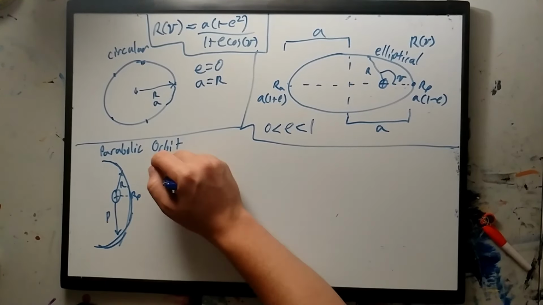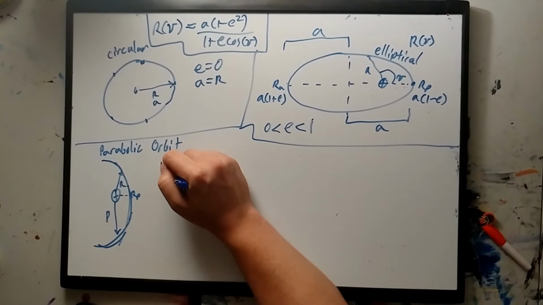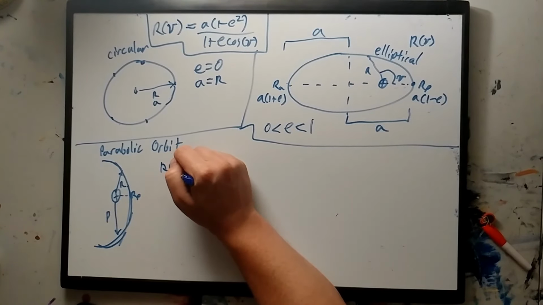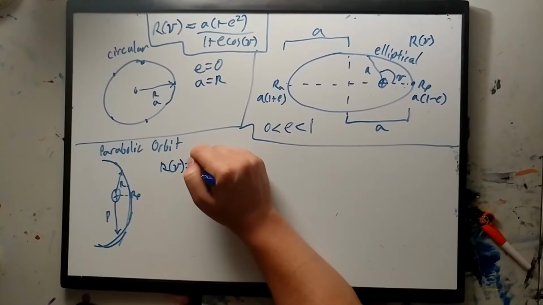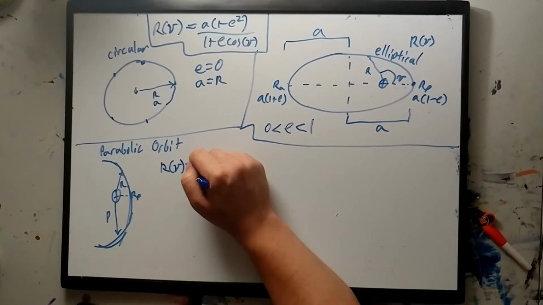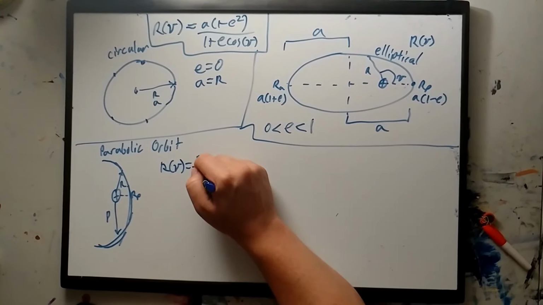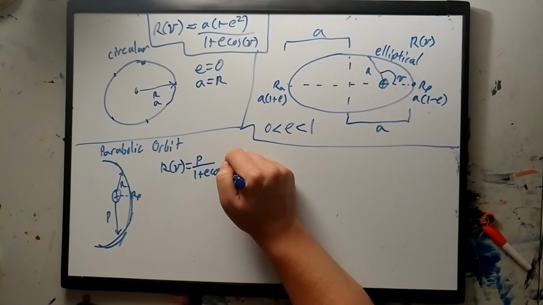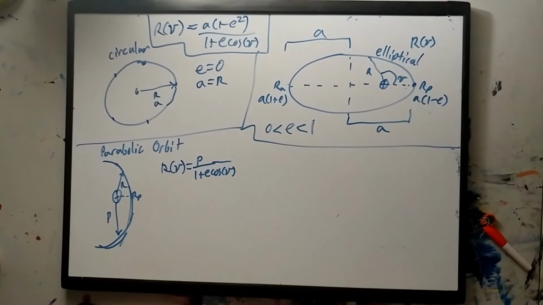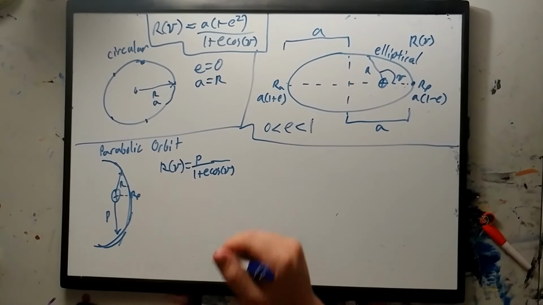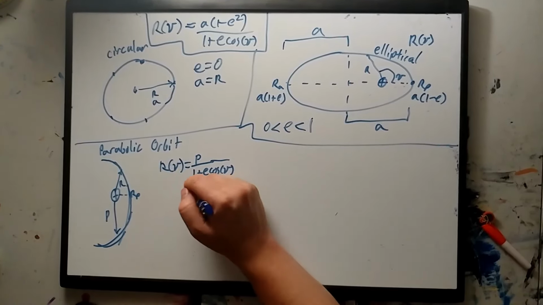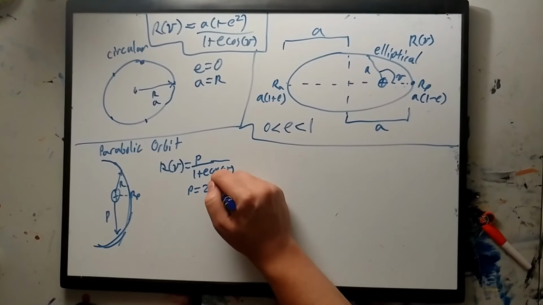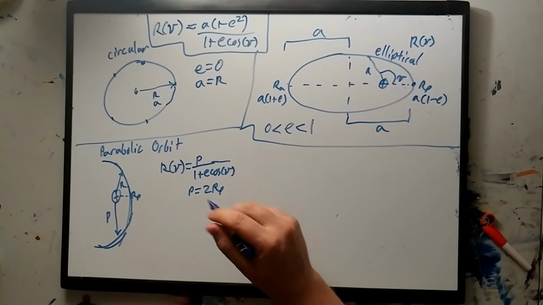So our conic equation for this is r of nu equal to p over 1 plus e cosine nu, and p in this case is equal to 2 times the radius of the periapsis.